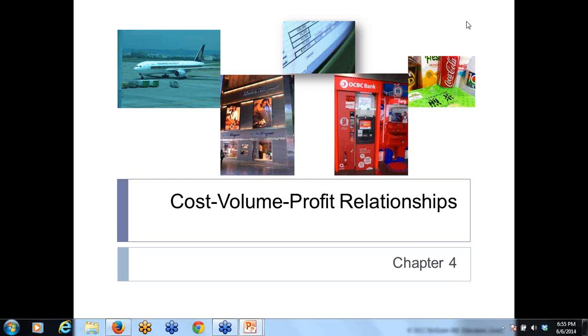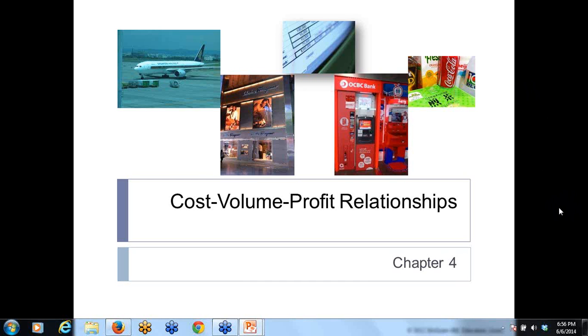Okay, let's get started. Cost volume profit relationships is an extremely important subject in managerial accounting. It helps managers understand the relationships among cost, volume, and profit by focusing their attention on the interactions among the prices of products, volume of activity, per unit variable costs, total fixed costs, and the mix of products sold.